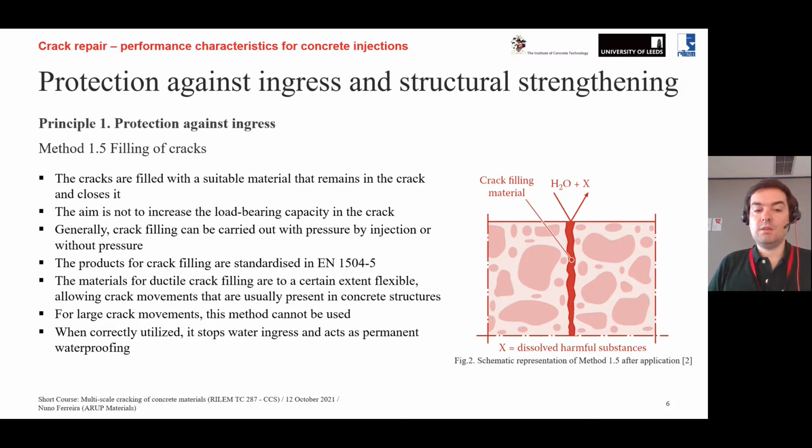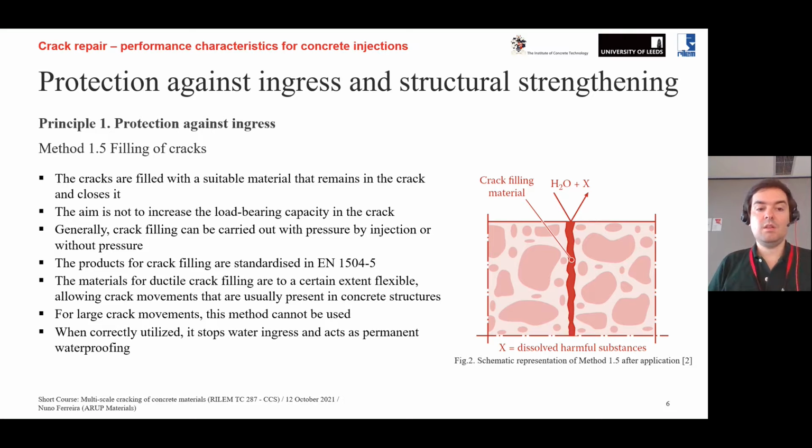The materials in theory should be very ductile, so as to allow a certain extension of flexibility, also because of thermal contraction and thermal extension. They should be flexible and allow for crack movements.